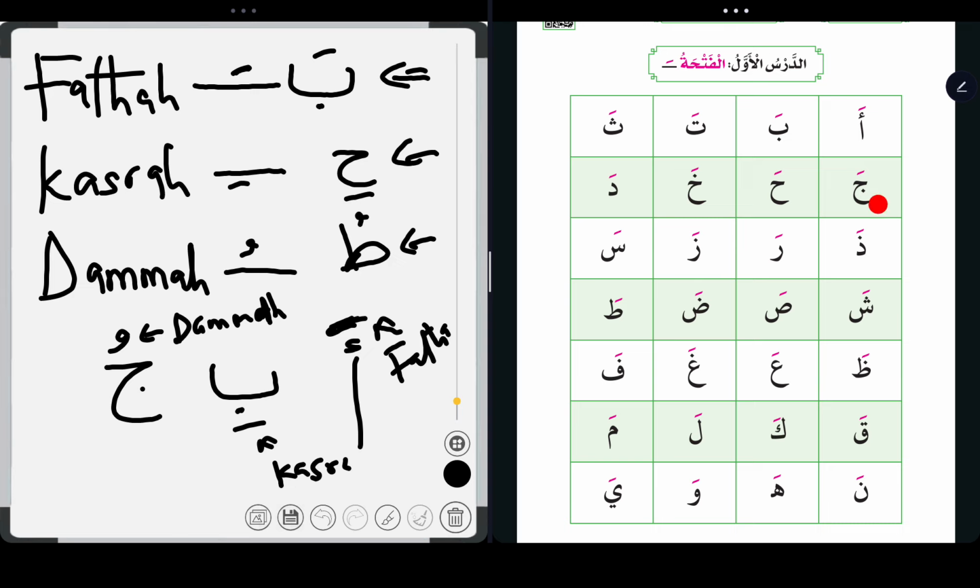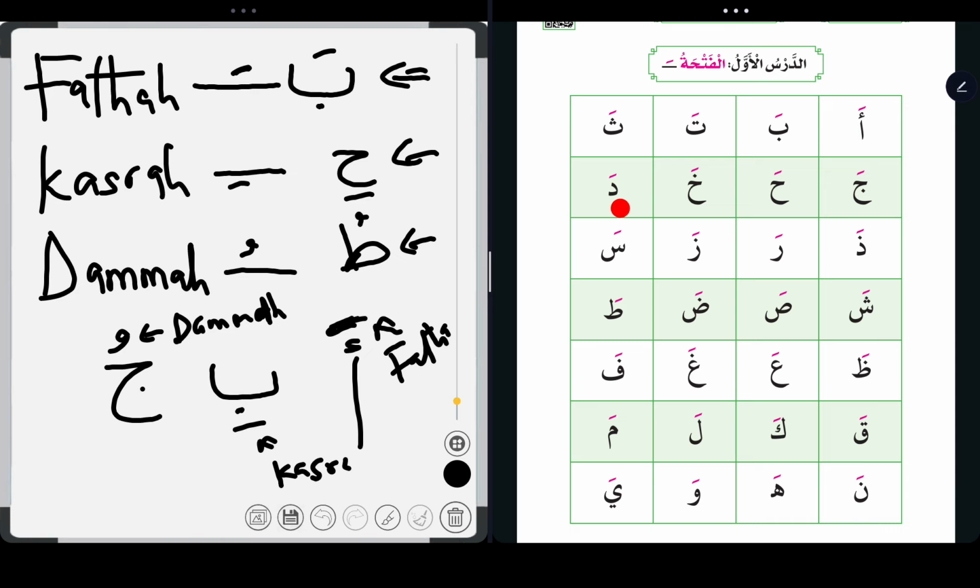Ja. This is ha, but the sound when it is carrying Fatha is ha. The name of the letter is ha, but the sound when it carries Fatha is ha. Now, this is the letter kha, but the sound when it carries Fatha is kha.